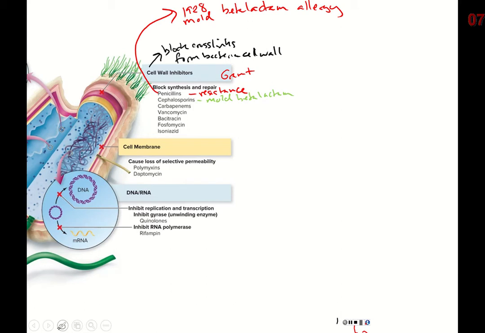We care because if these bacteria have a natural resistance, how do they naturally have a resistance? What they're forming is inside of them, they have something called beta-lactamase.